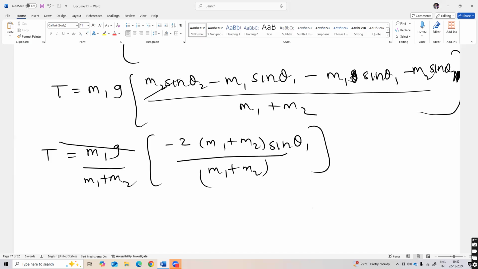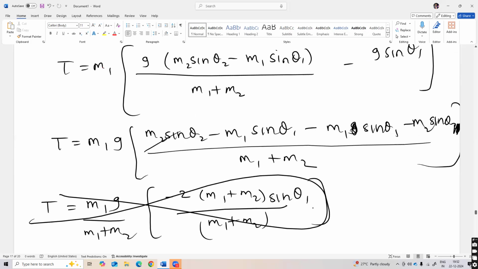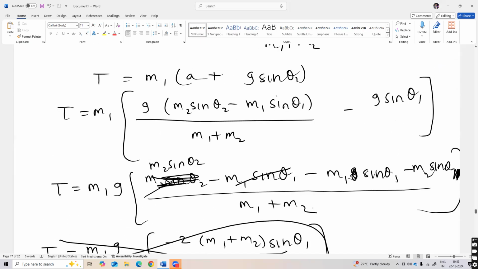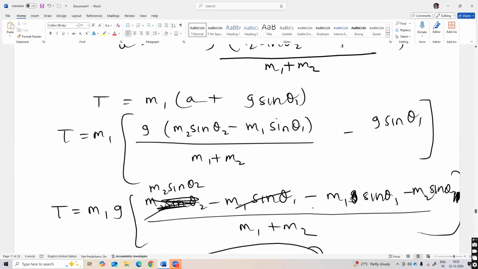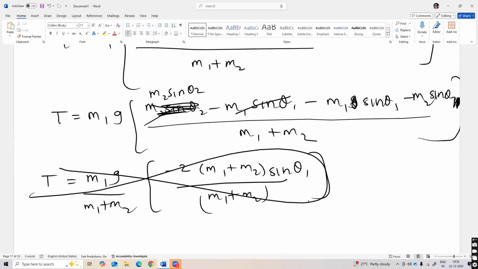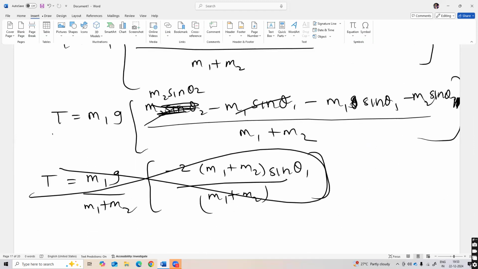I think I again made a mistake. In this case, m2 sine theta 2 will remain as it is, and it was minus 2 m1 sine theta 1. Just give me a second, I will erase this.